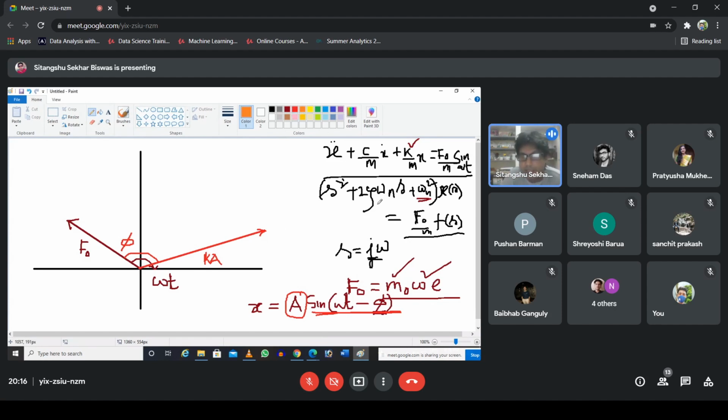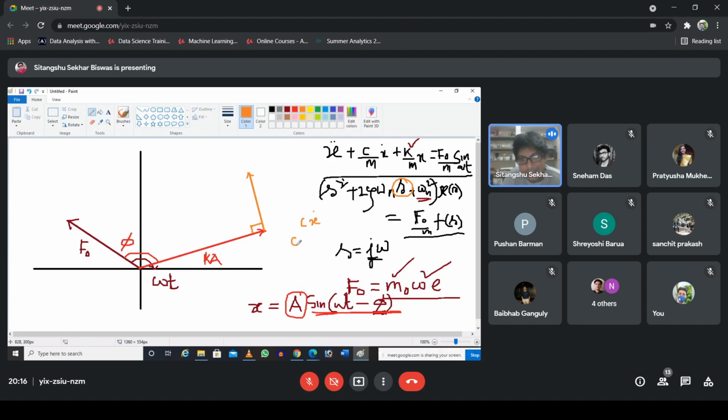Now you see the damping part, this is multiplied by s, that means j omega. As I told, if you multiply a vector with j, it will be a 90-degree shift. So definitely that damping part will be shifted by 90 degrees. This angle is 90 degrees. So what is the damping part? C x dot.